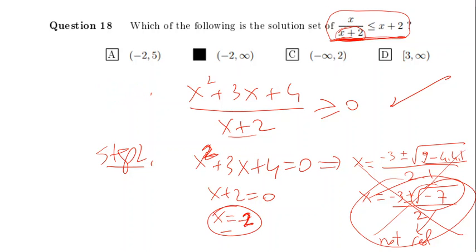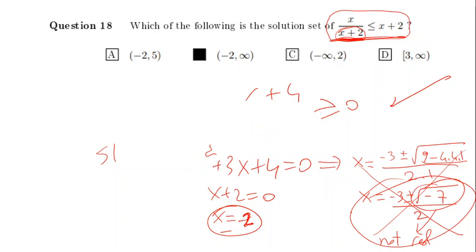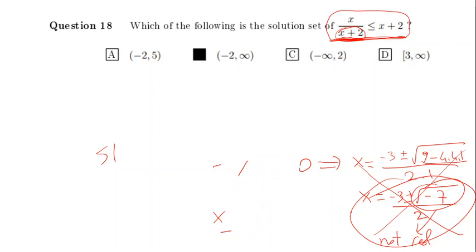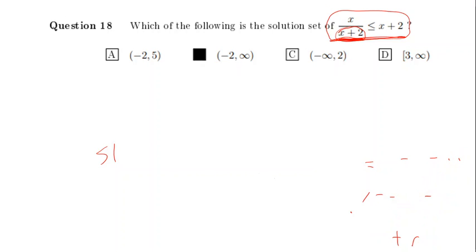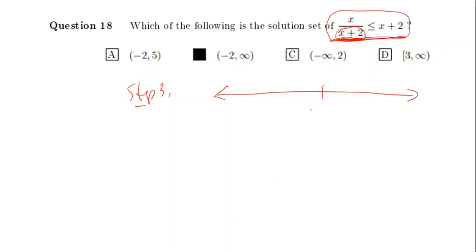In this case, in step 3, when making the real line chart, we will use negative 2 only. And then, let's not forget what we have here, x squared plus 3x plus 4 bigger than 0 divided.